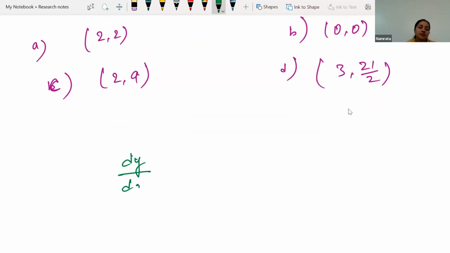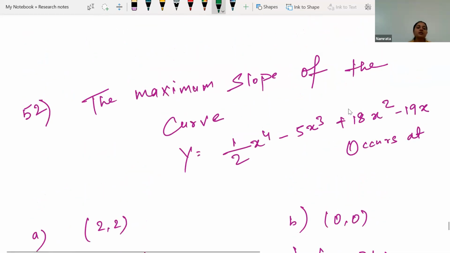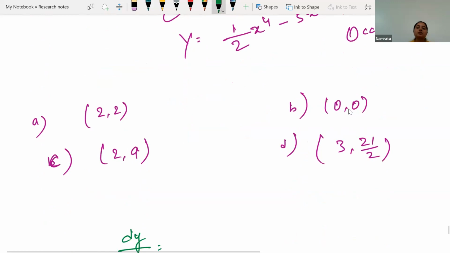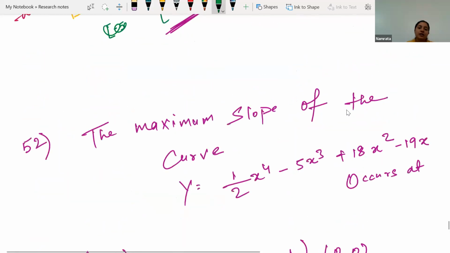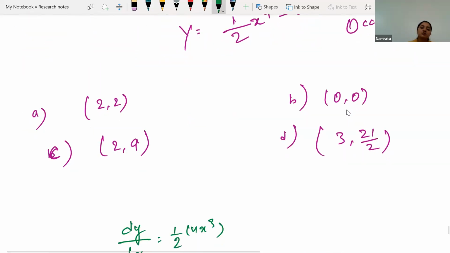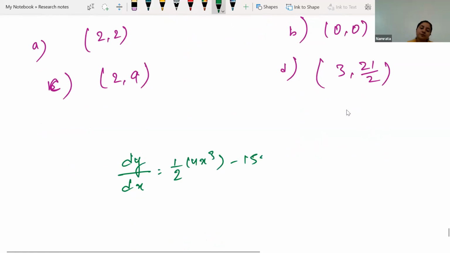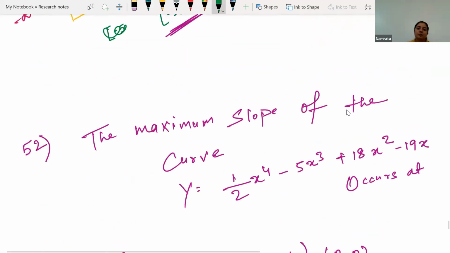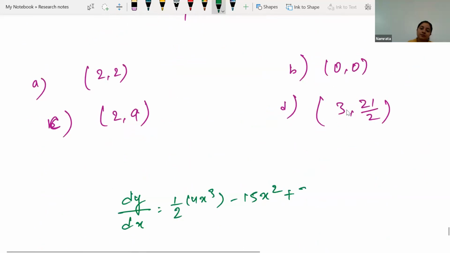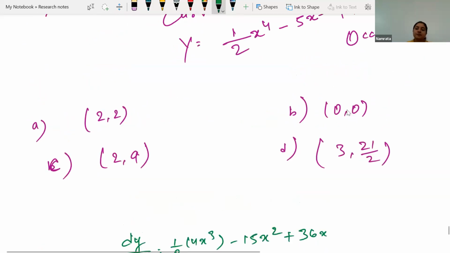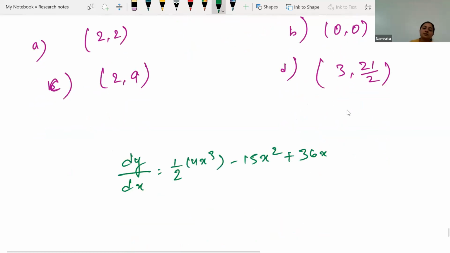So first we will find dy by dx: 1/2 x to the power 4 will be 1/2 of 4x cube, minus 15x square, plus 36x, minus 19. So this one is the slope.